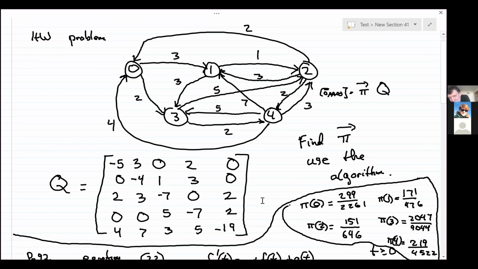Okay, the advantage of this homework problem, now there's a disadvantage and an advantage. The advantage is this problem we did. So for this diagram and this Q matrix, which corresponds to it, we already found the stationary distribution using our algorithm. And it turned out to be this.